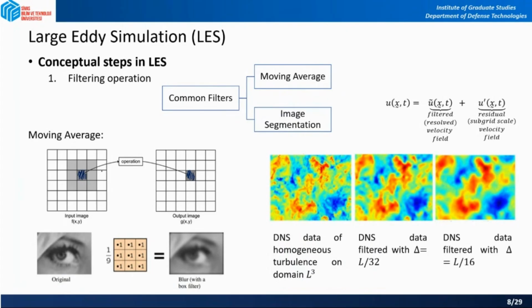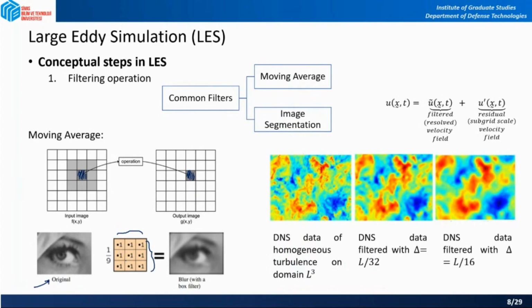If you use, for example, a 3 by 3 neighboring window on this original image, average means 1 over 9.